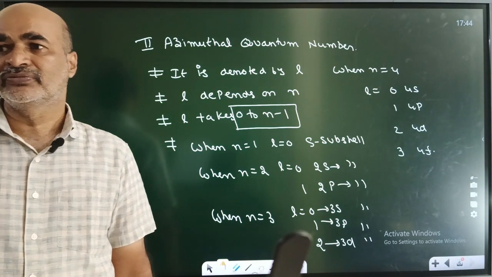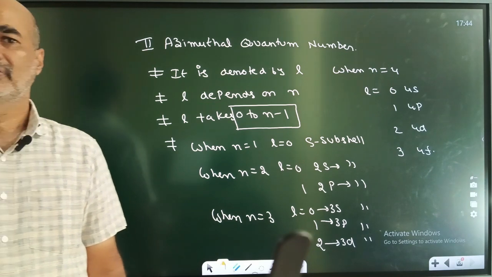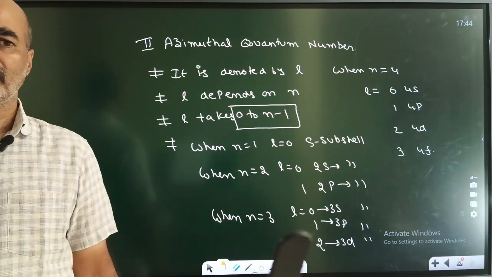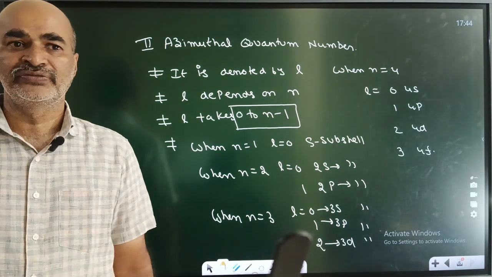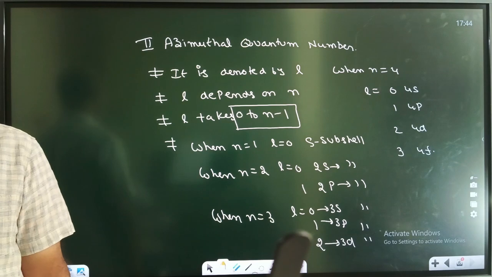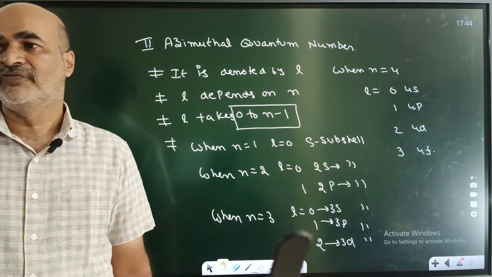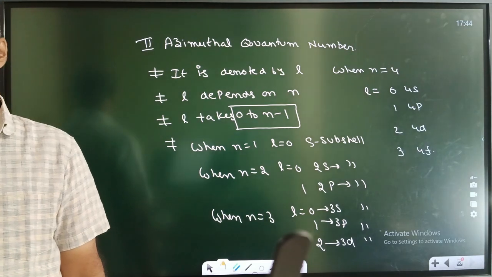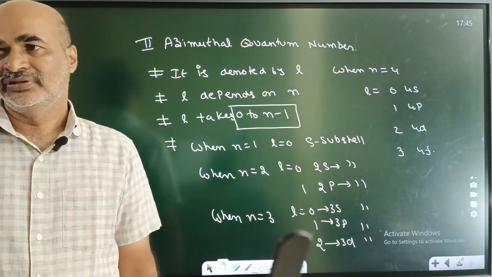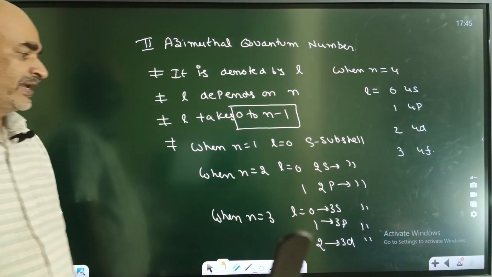The azimuthal quantum number also determines the energy of the orbital. So the energy of an orbital is determined by both the principal quantum number and the azimuthal quantum number, the n plus L value. The azimuthal quantum number determines the type of subshell.